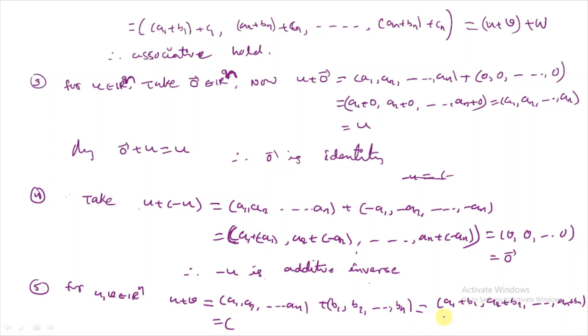Real numbers satisfy the commutative property, so you can write b1 plus a1, b2 plus a2, and so on, bn plus an. This is v plus u. That means it's the commutative property, the fifth condition, abelian group.